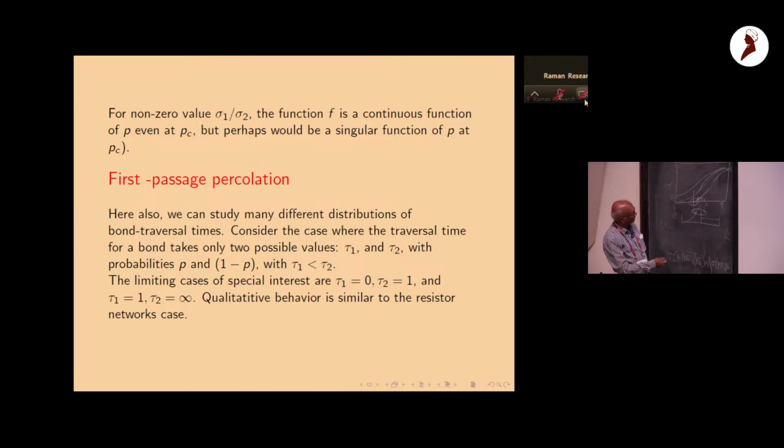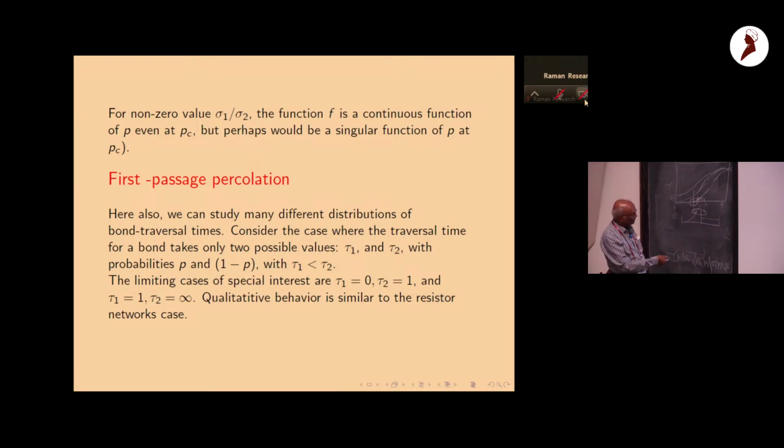So you can look at the time to go from here to here, that is one variable, or you can define something called the velocity of the front, which is inversely proportional to the time. So one of them will become infinite, the other will become 0. I forget which one is which, but it can be done. Okay.